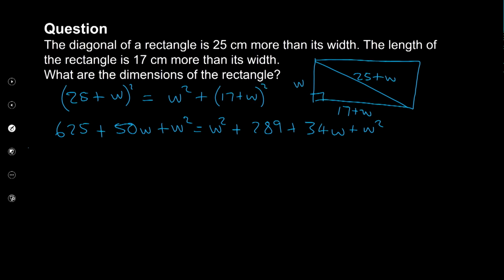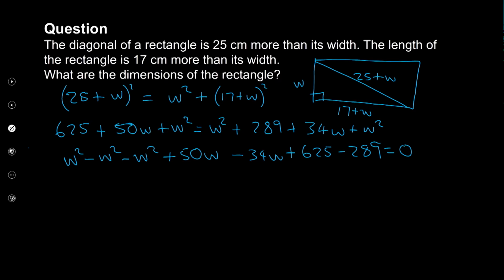You subtract, so I'm going to have w squared minus w squared minus w squared, and plus the 50w minus 34w plus my 625 minus the 289 equal to 0.